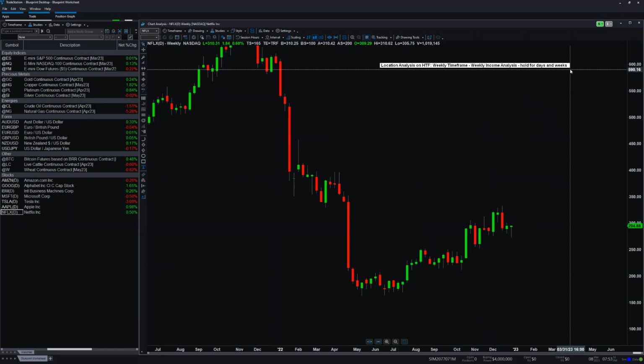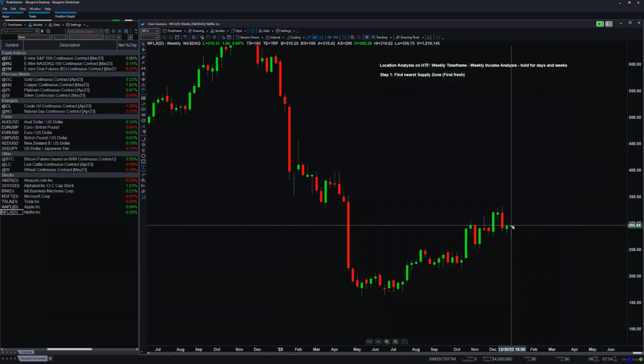Let's put in the steps. Step 1, find nearest supply zone. First fresh, okay? Now, how do I do that? Start at current price, look above current price until I find a candle that is decisive, okay?